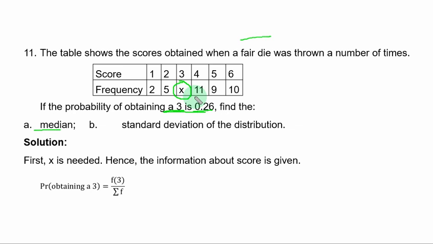This question is experimental probability, and the probability of obtaining 3 is equal to the number of times that 3 appeared, that is frequency of 3, which is S, over total frequencies. So let's do that and get the value of S before the median and the standard deviation can be calculated.